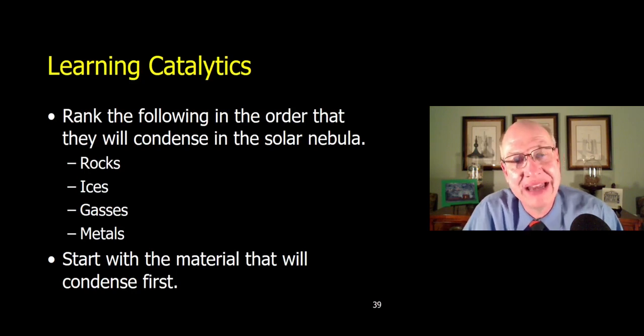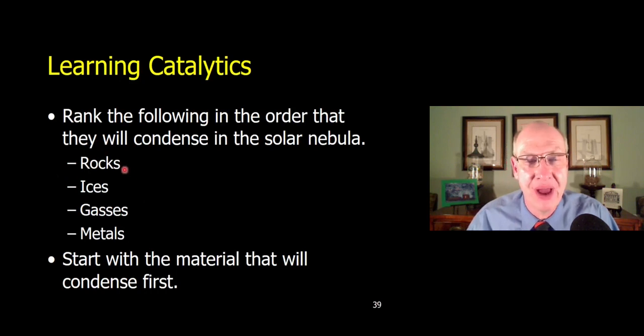So what you should have gotten is that, thinking about the temperatures at which these things vaporize, that is, let's work backwards. Let's start with rocks, ice, gas, and metals and figure out what temperatures it takes to turn them into a gas. Well, gases like hydrogen and helium are already a gas at room temperature. So those will not condense into a solid until it gets very, very cold.